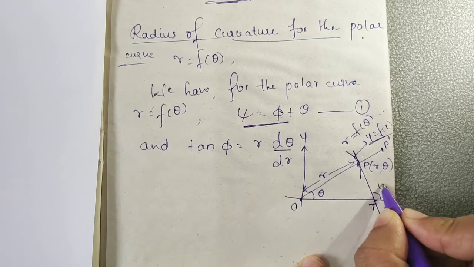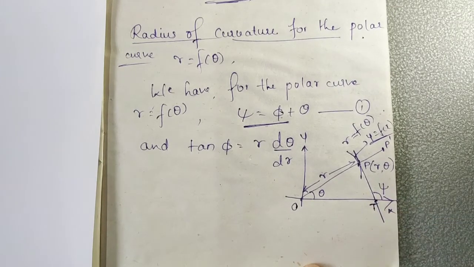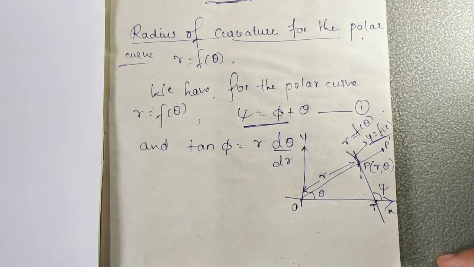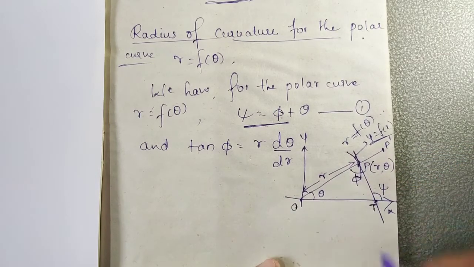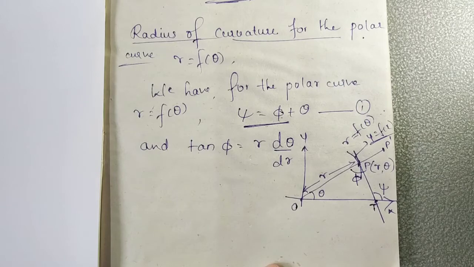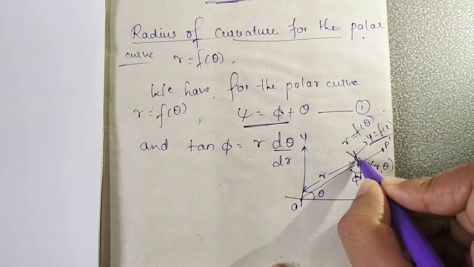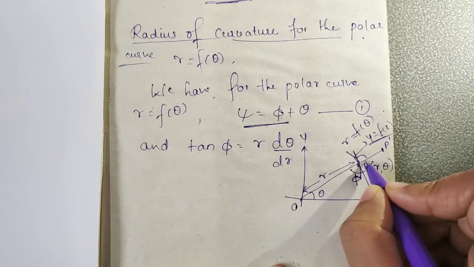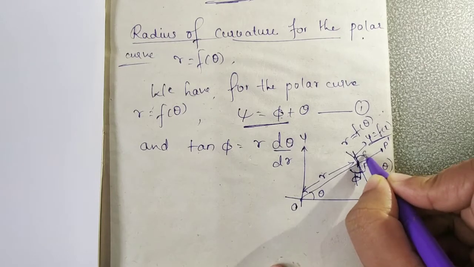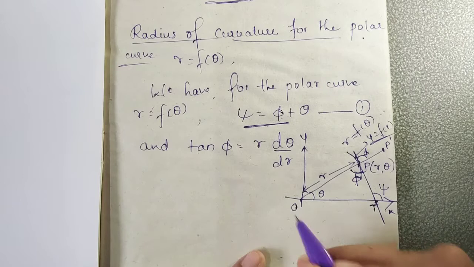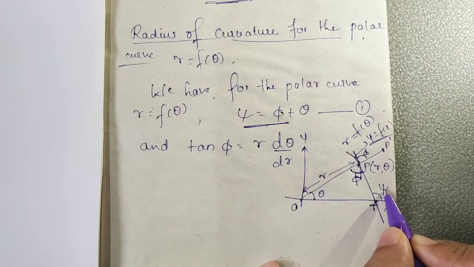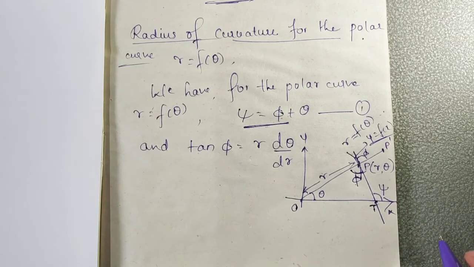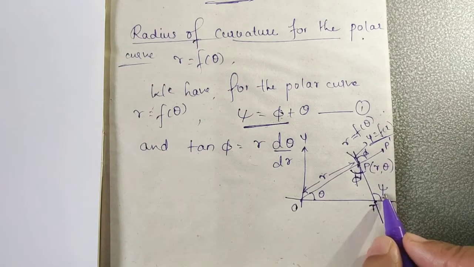Then this angle will be, with the usual notation, psi. Here, and this angle will be phi. Here, if this angle is phi, this angle is also phi. Here is theta. Here this will be 180 minus this psi.